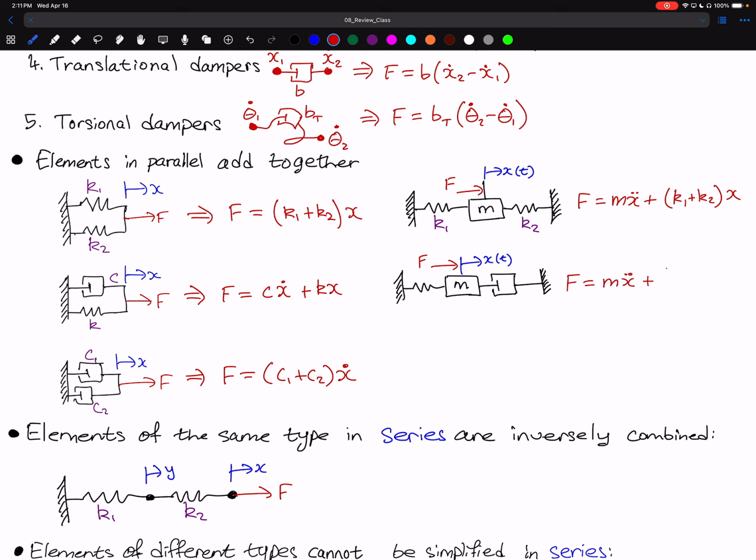Here we would get m x double dot plus c x dot plus k x. So ignoring that mass, that is equivalent. You have the same direction as well. All right.